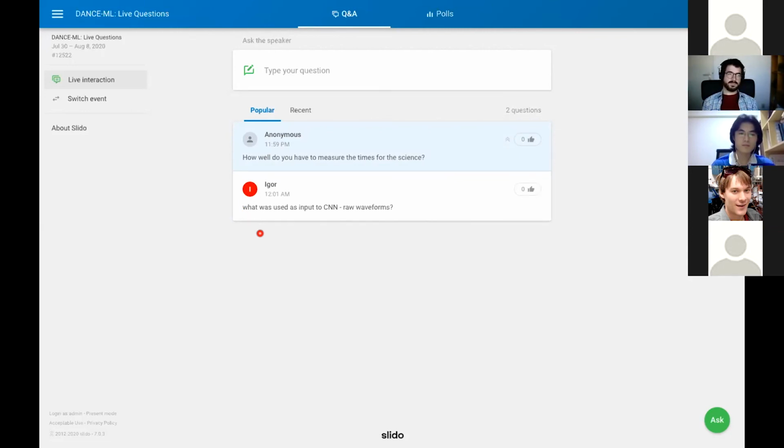So this measure of time directly translates to vertex resolution. And the answer will be the better the resolution, the better we can do for science at this moment.